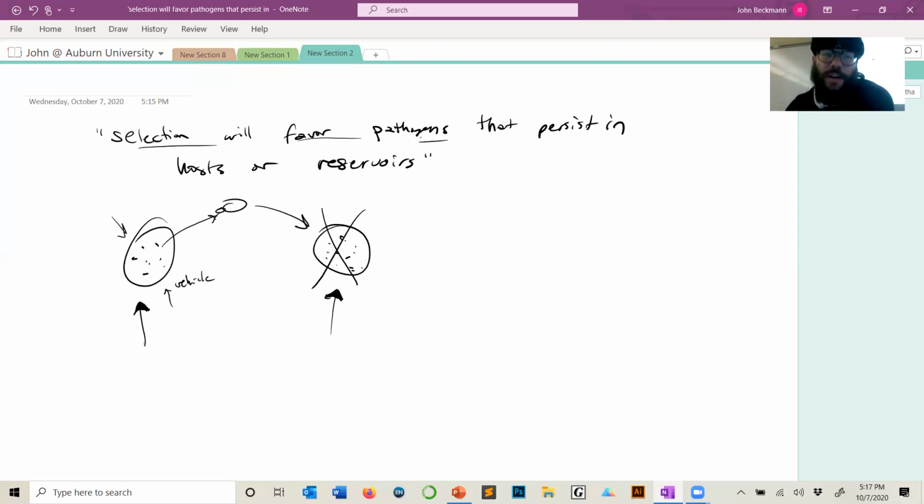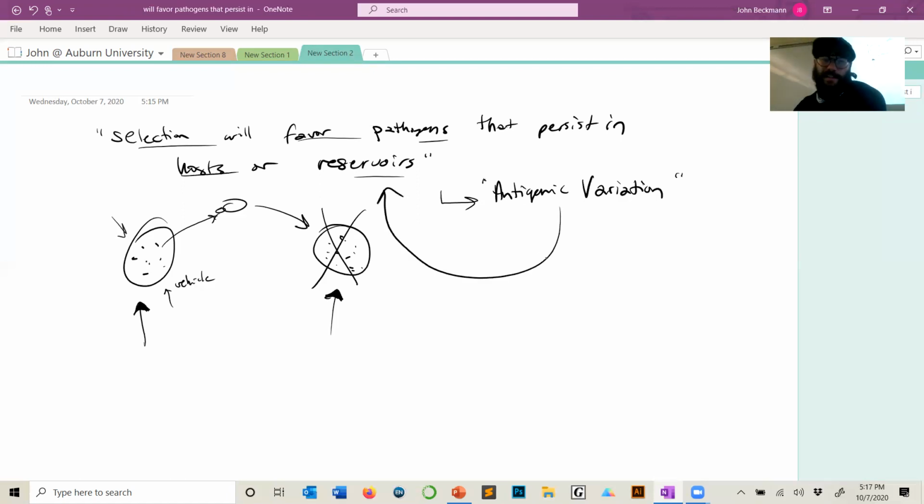So there's going to be tremendous pressure for pathogens to persist in hosts and reservoirs in attenuated states, where they're not causing lots of problems, but they're also not being cleared by the immune system. So antigenic variation, which we'll talk about today, is one of the key mechanisms that facilitates this behavior. It allows pathogens to persist in hosts and reservoirs for long periods of time without being detected and fully cleared by the immune system.